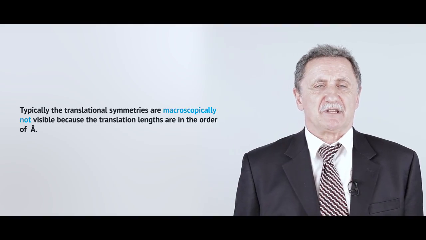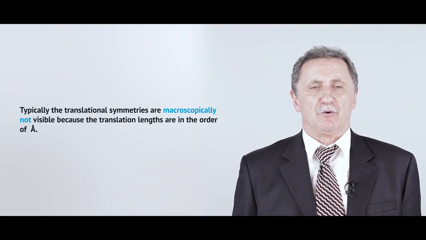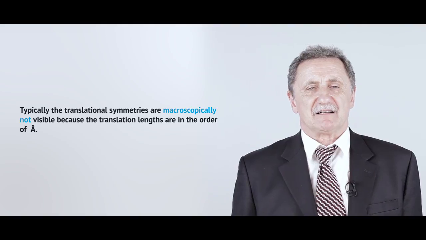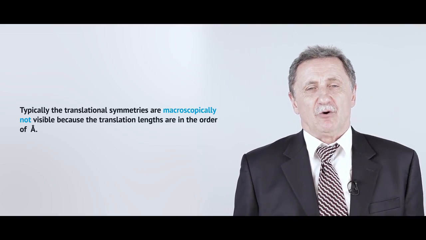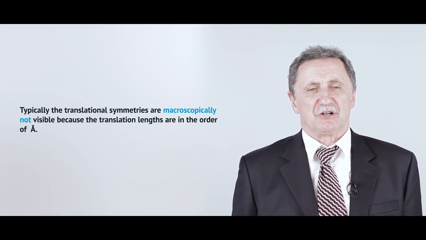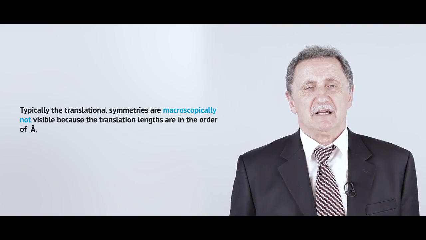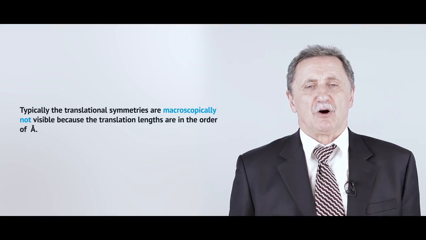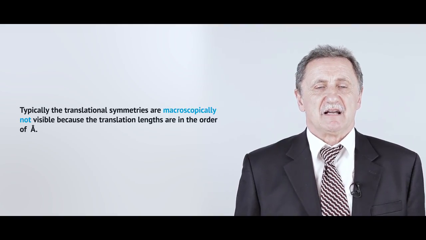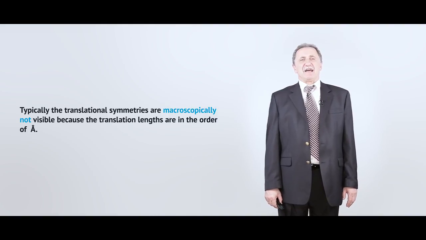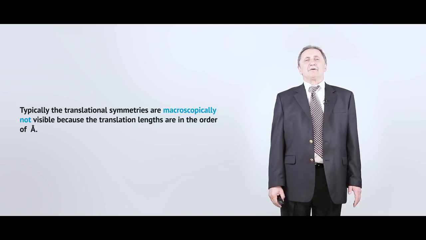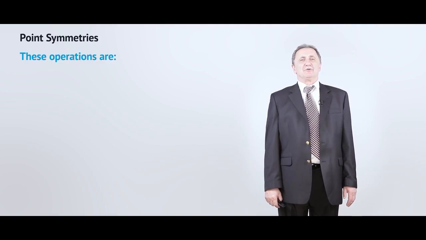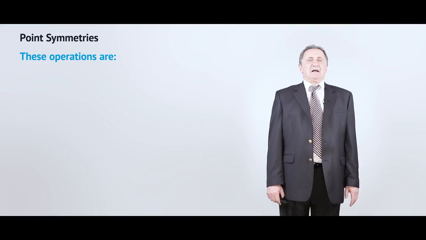So point symmetry, what kind of point symmetries do we know? First of all is just reflection in a point, or inversion, and I believe in general you know what I'm talking about. The next slide will demonstrate what it means, and we will talk about the center of symmetry in this case. The second type of symmetry is reflection in a plane, or mirror symmetry. I believe you also feel what it means.